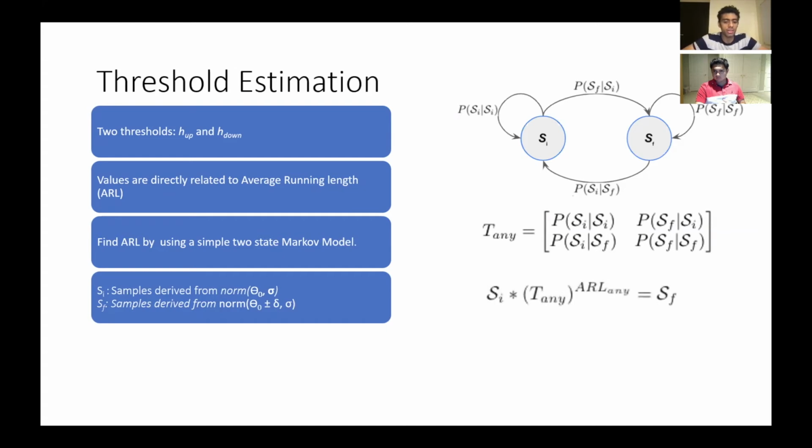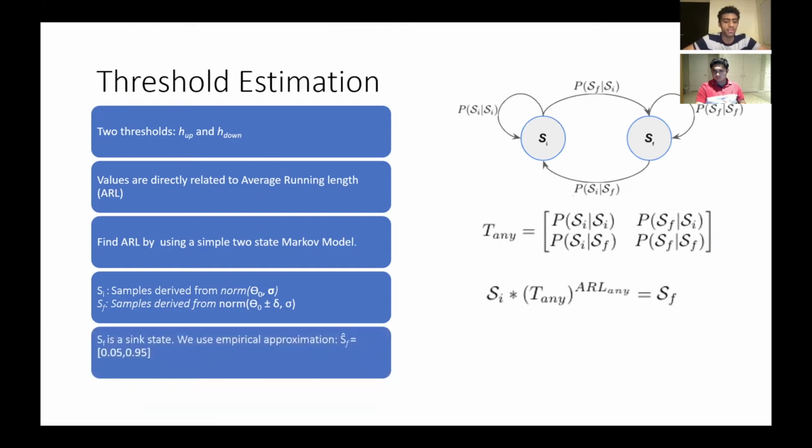We can use this transition matrix to calculate the ARL using this equation. It is to be noted that SF is a sink state. Thus, we can only solve this equation if we assume an empirical approximation for this state. Given an ARL, we simulate a signal Y with a change point that occurs at the ARL. The threshold is the cumulative sum of this synthetic signal and is calculated using this equation for H.